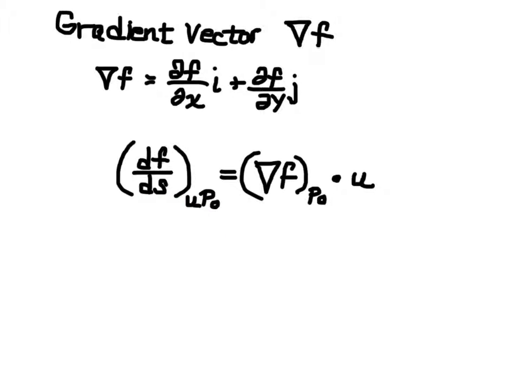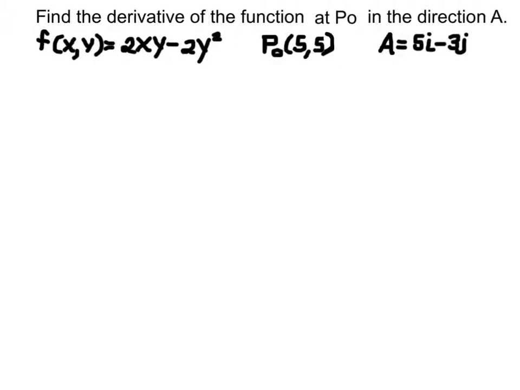Let's try an example of finding the derivative of a function f at a certain point P naught in a given unit vector direction. In this example, we're going to find the derivative of the function f of x, y at P naught in the direction A. We're going to start by finding the gradient of the function.